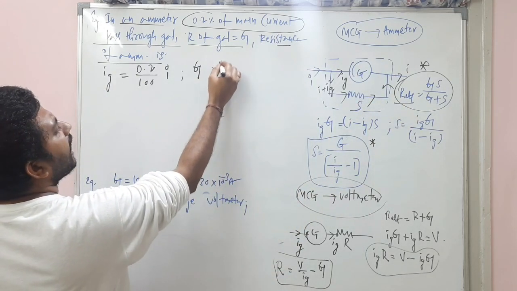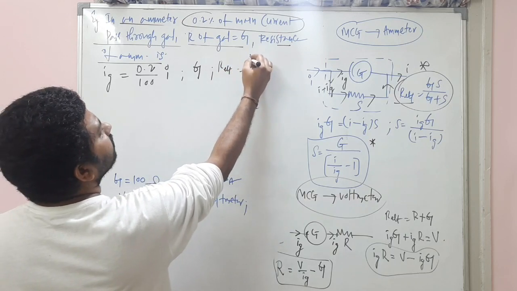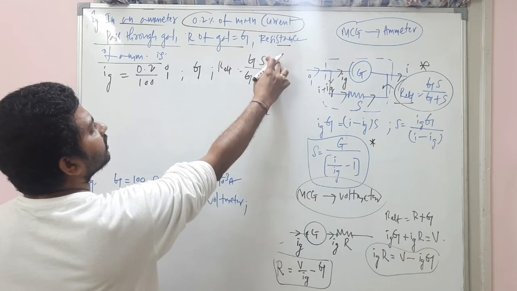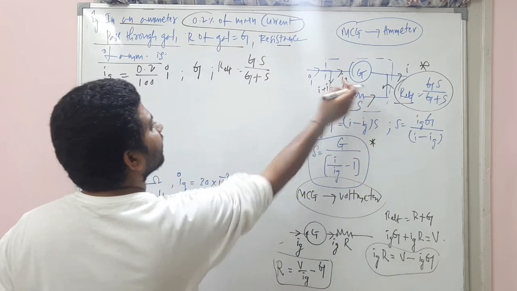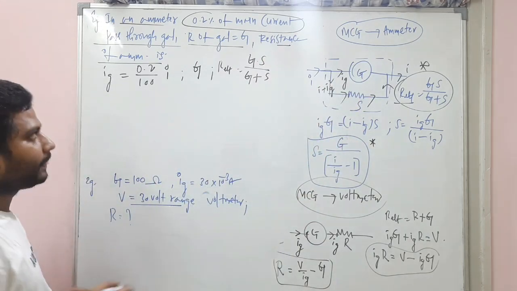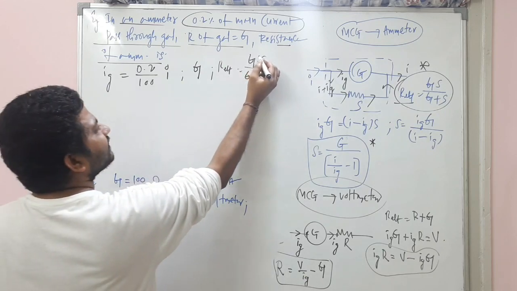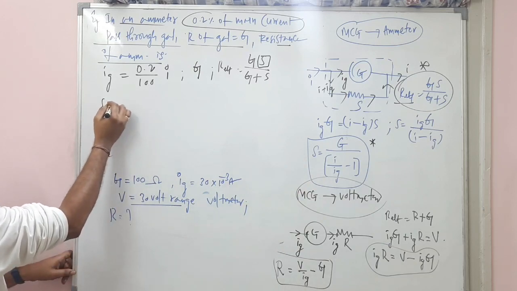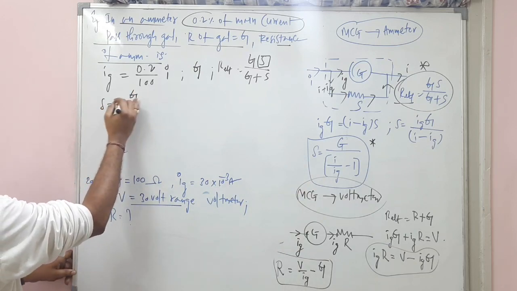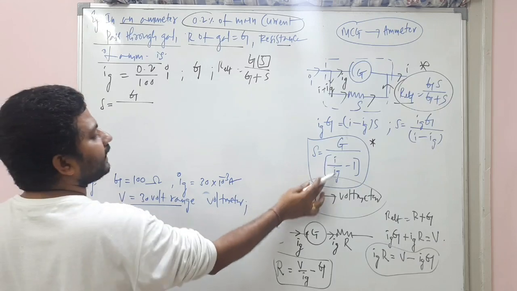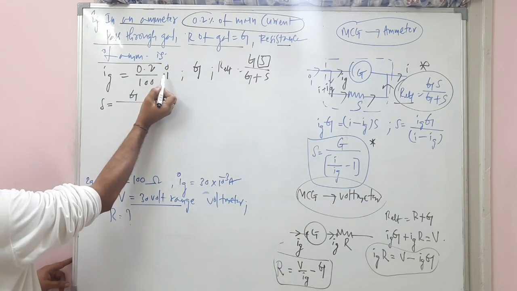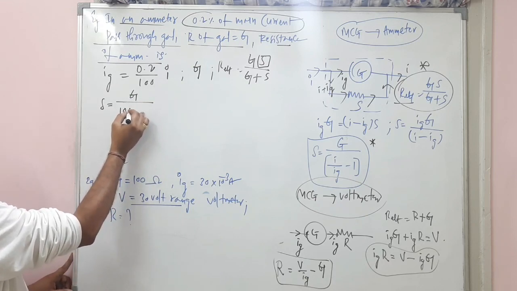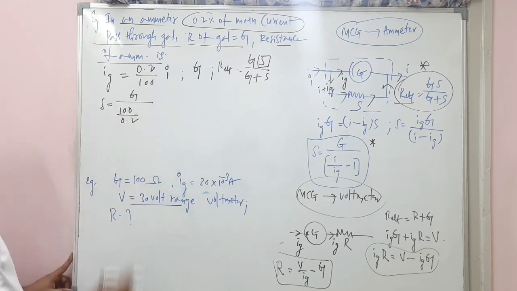R effective is equal to G into shunt resistance by G plus shunt resistance, because they are connected in parallel combination. Now, what is this shunt resistance? You should know. Shunt resistance is equal to G divided by I by Ig minus 1. Here Ig by I is 0.2 by 100, so I by Ig is 100 by 0.2.